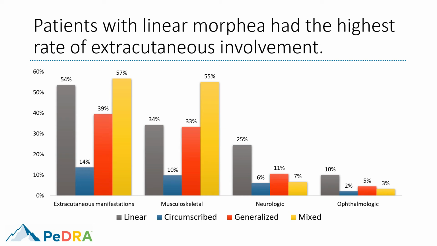You will see that for musculoskeletal manifestations and overall, that mixed morphea had the highest rates of having involvement within the body outside of just the skin. And that is because mixed morphea patients oftentimes have linear morphea combined with another subtype of morphea, which is why they may have the same level of risk for extracutaneous involvement as linear morphea.